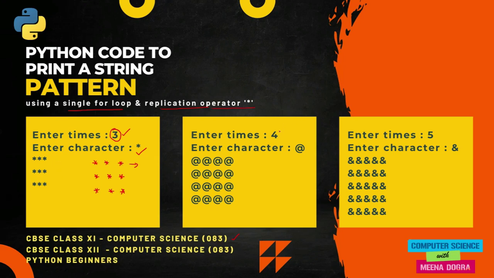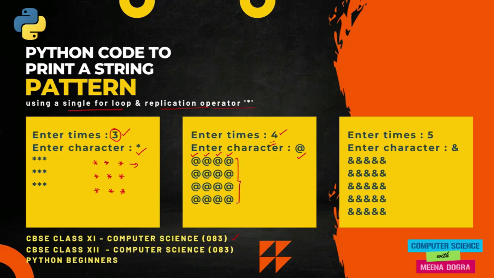Let's see the second sample. I've entered 4 as number of times. I've entered the @ symbol as the character that I want to be replicated. Now 4 multiplied by @ is going to give me this single line where @ has been replicated 4 times. Now the second target is that this line too has to be repeated 4 times.